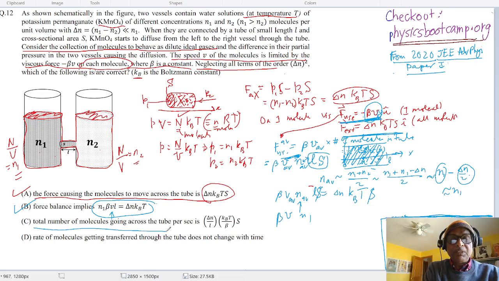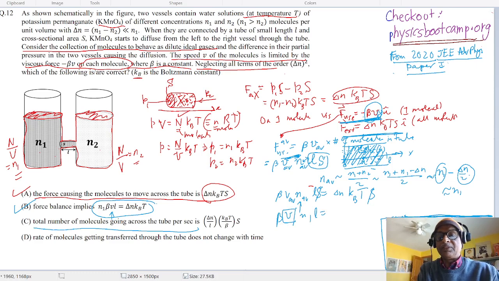Now, the total number of molecules going across on average. We can use this beta, this V, to figure out how many molecules will go across.